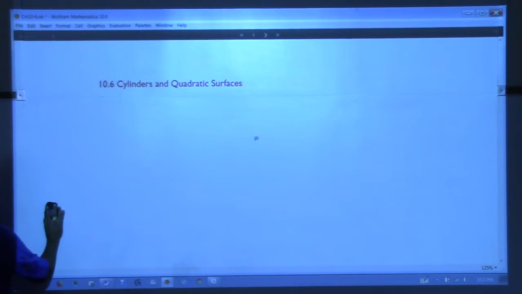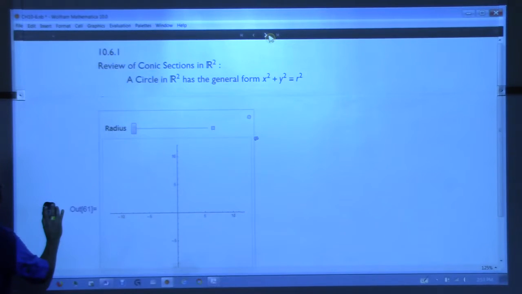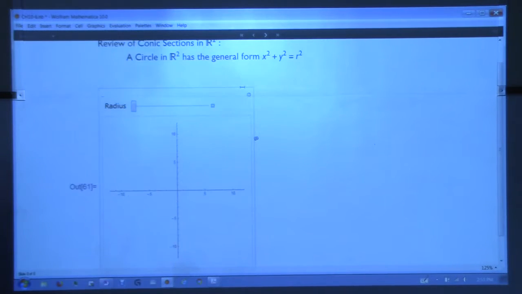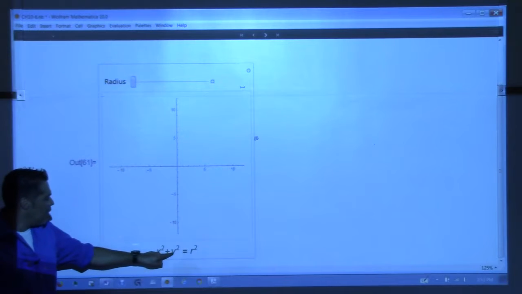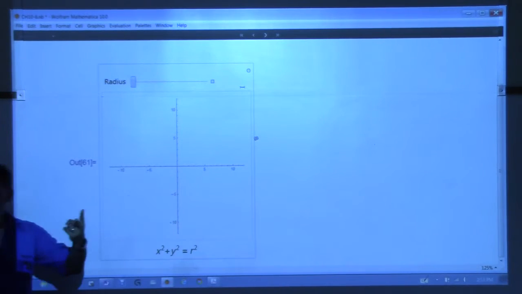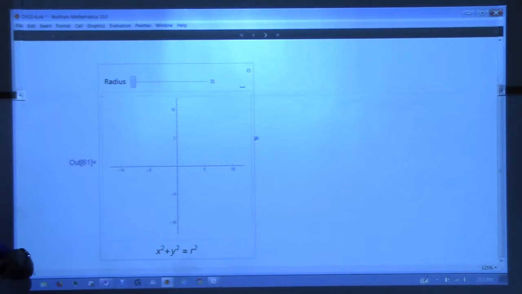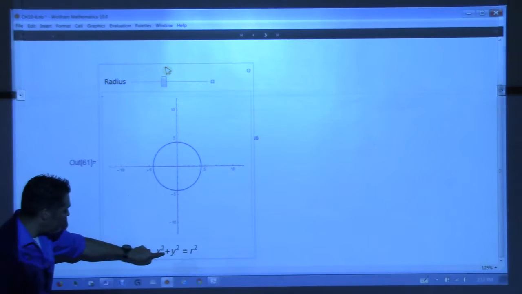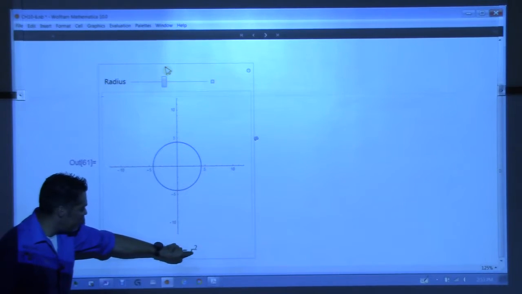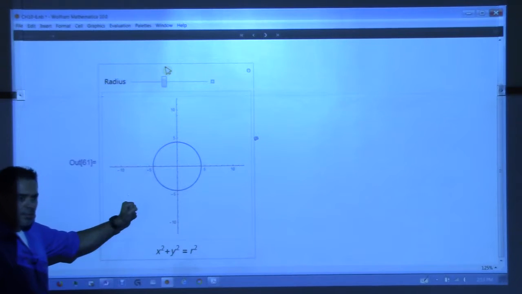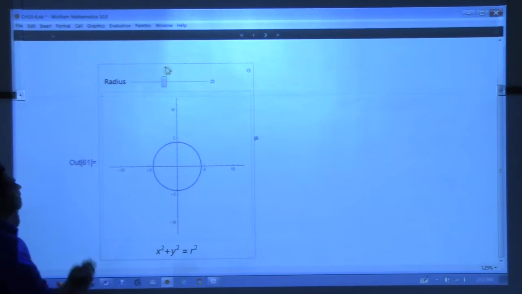It's like things you've already dealt with. When you see the equation x squared plus y squared equals r squared in two-dimensional space, we all know that's a circle. If you change r, you get these circles. So anytime we have a variable squared plus a variable squared equals a constant squared, we know that's a circle in two-dimensional space.